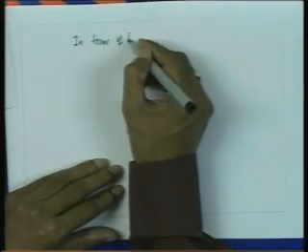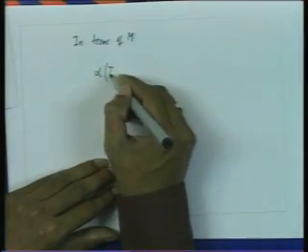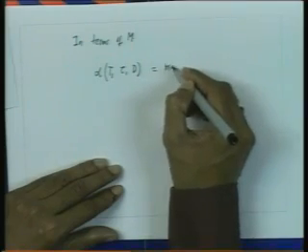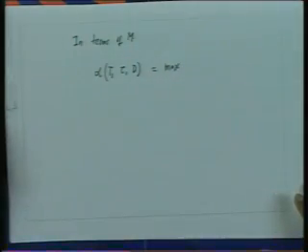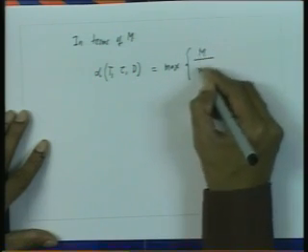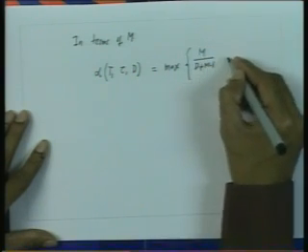In terms of M, I can rewrite this as alpha T, tau, D is given by max of M upon (D plus M minus 1) and 1 by T.